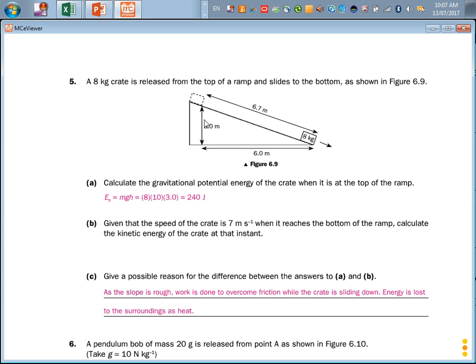When we are calculating gravitational potential energy, they can put in a lot of different heights to different type of lengths to confuse you. You must realize that we are only interested in the vertical height above the ground. So 8 is the mass, g is 10, h is 3, 240 joules.